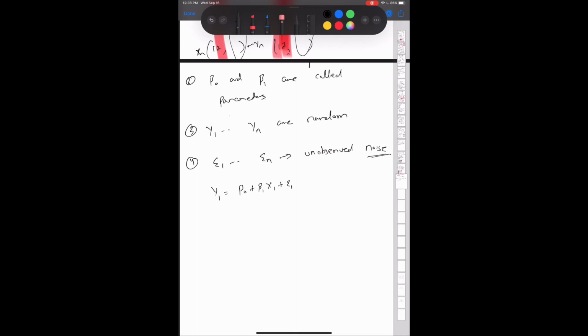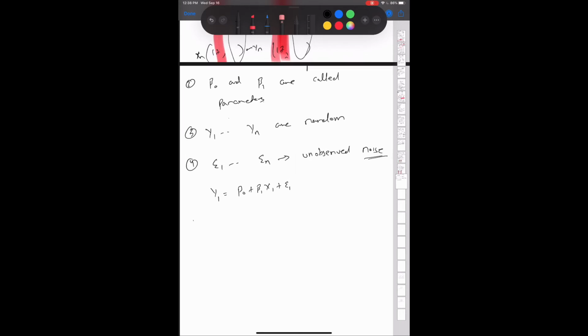We assume that the epsilons are normal random variables. We don't observe them, but we assume that they are normal random variables. And the main assumption we make is that the mean of the normal random variable is 0. And that's important. So overall, y is like beta 0 plus beta 1 x, but there is a normal noise added with mean 0.